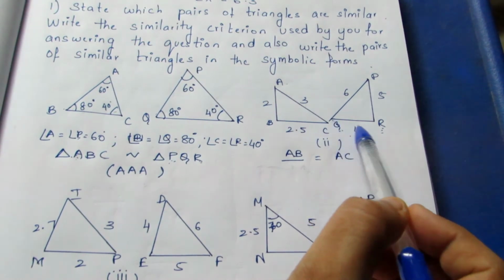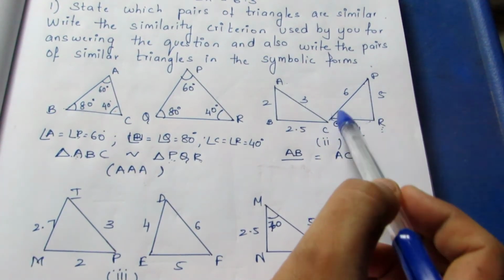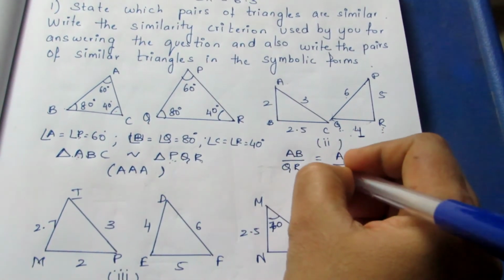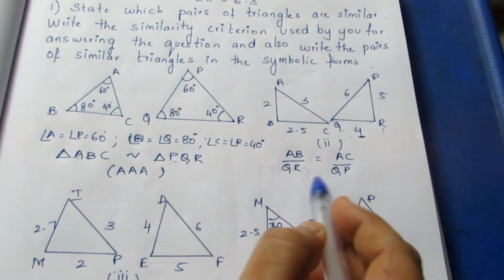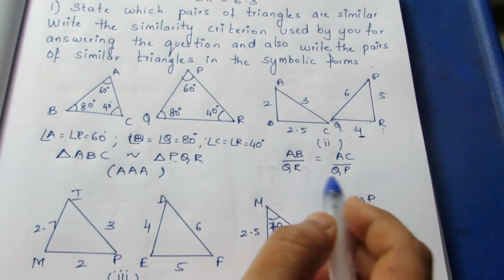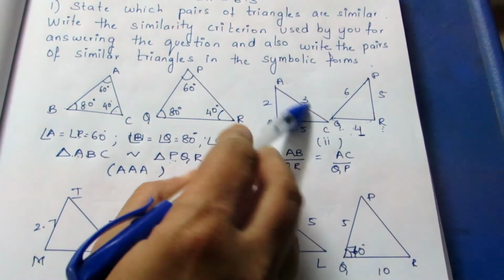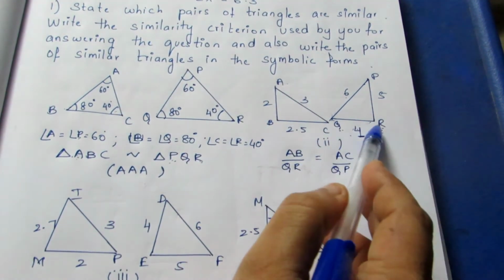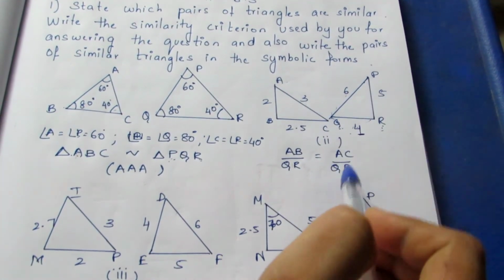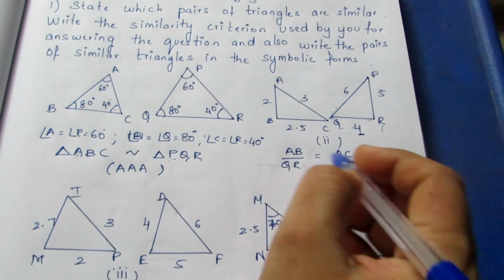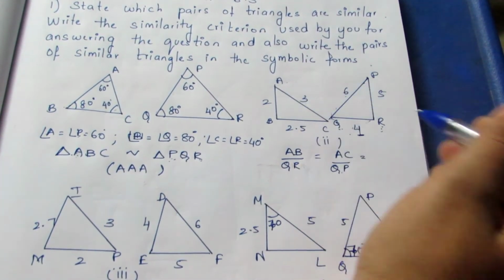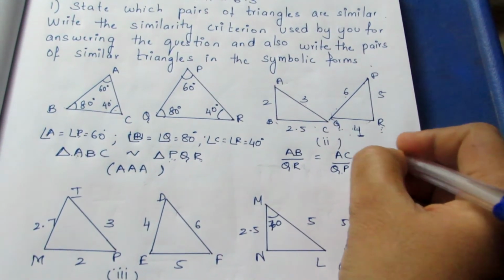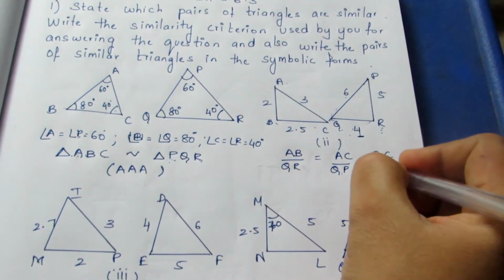So Q to R and Q to P will be 4 and 6. Even this you need to check. We can't write it as it is. We need to check whether it is equal. Even QR is equal to RQ, but you can't write RQ here and then PQ. It should always be equal here. Then the last one is BC, and here the last one is PR.